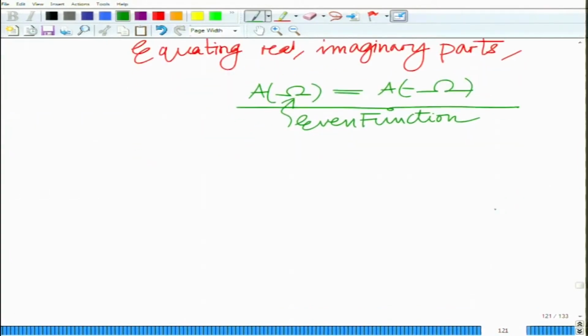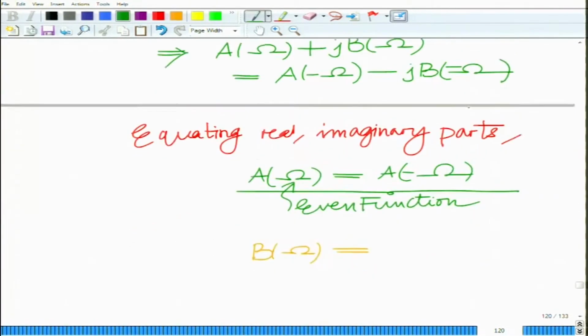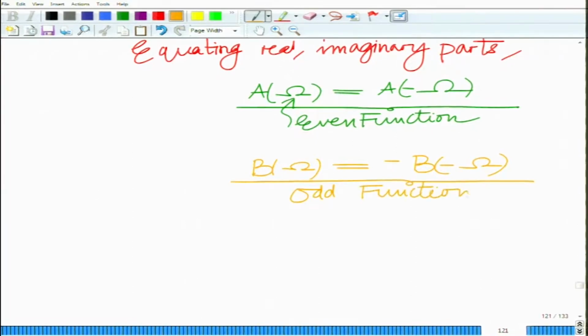Further, equating the imaginary parts, we have B(omega) equals minus B(minus omega), which means this is an odd function.